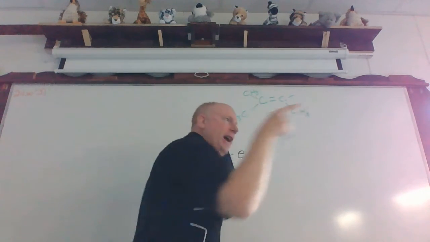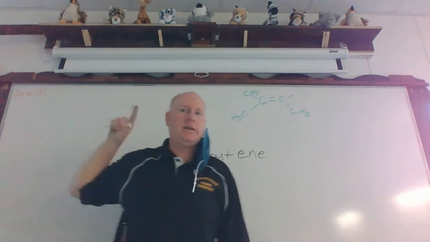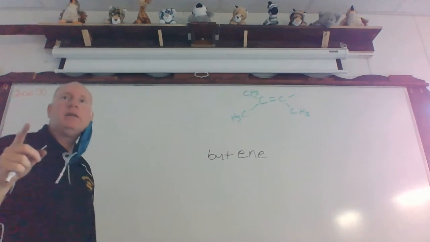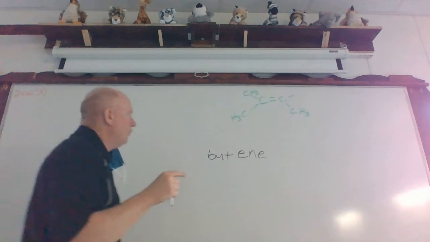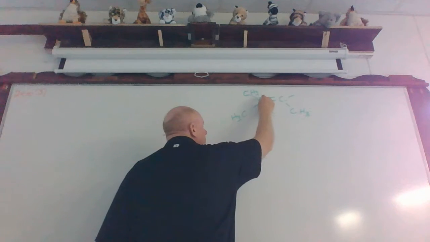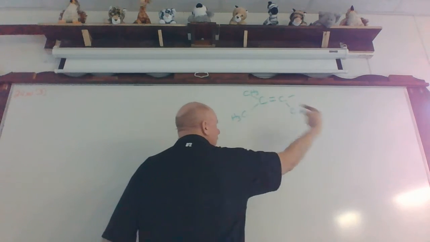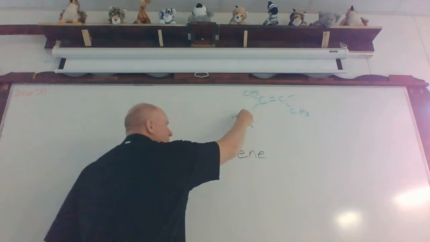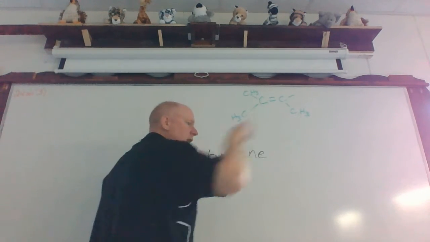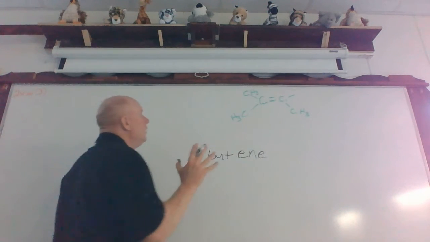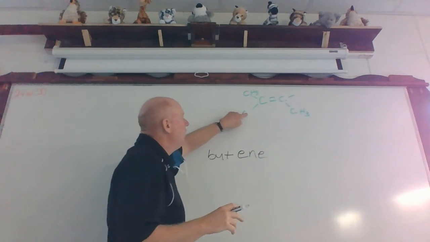Start on the left. This is why. If we start over here, this is carbon 3. But if we start on this side and go that direction, it's on the second. So we're just going to start here.